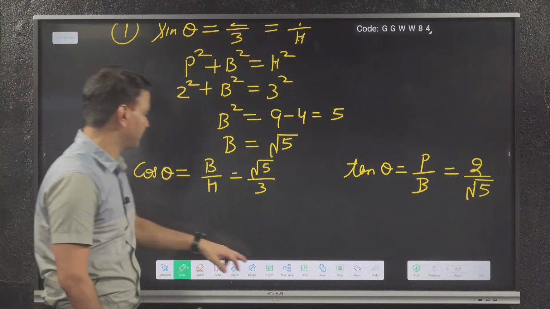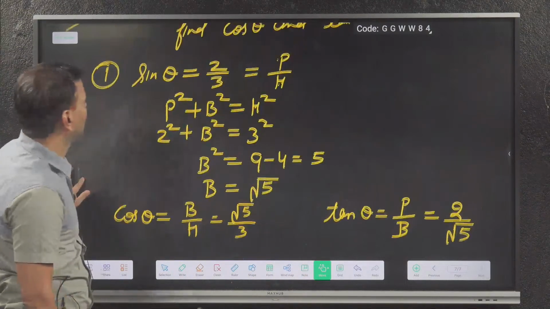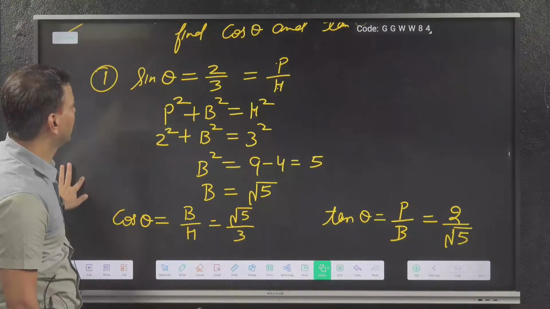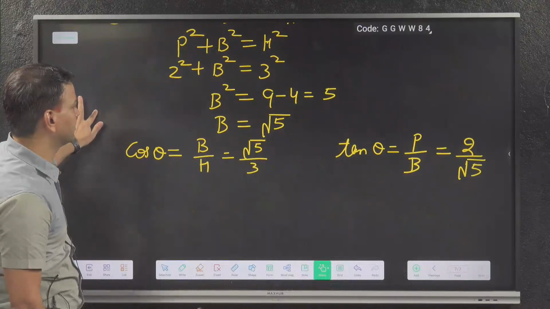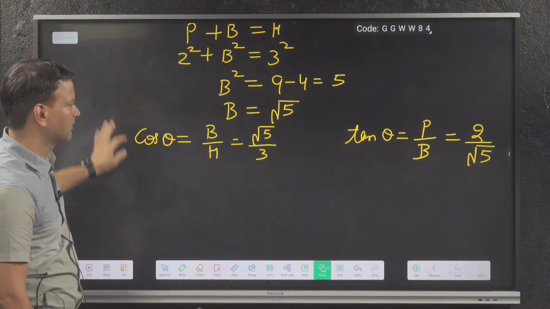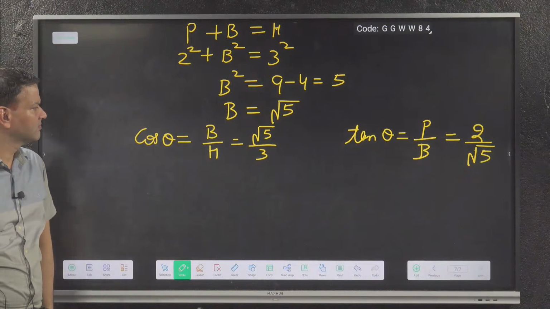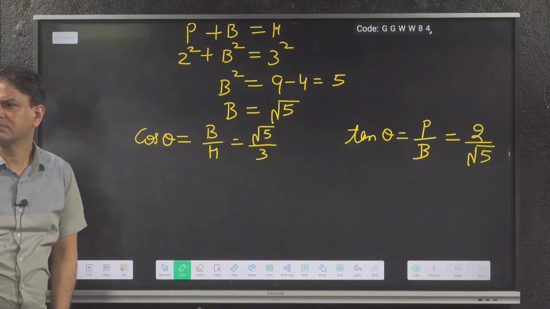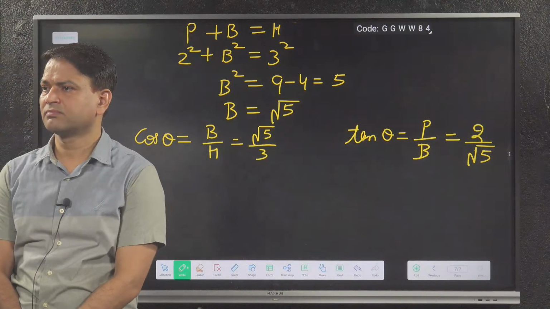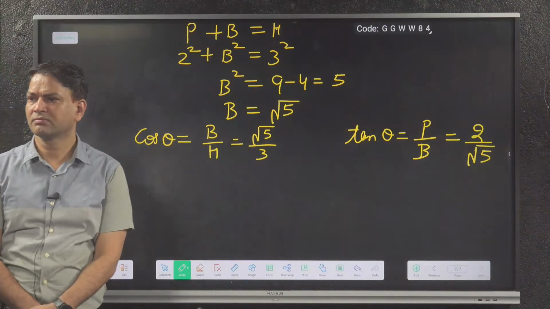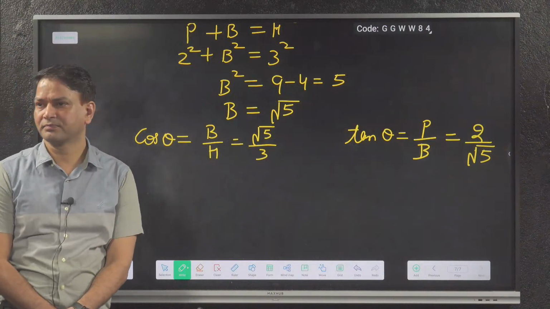Wait. Tan theta is perpendicular upon base. Perpendicular is 2 and the base is root 5. So 2 by root 5.